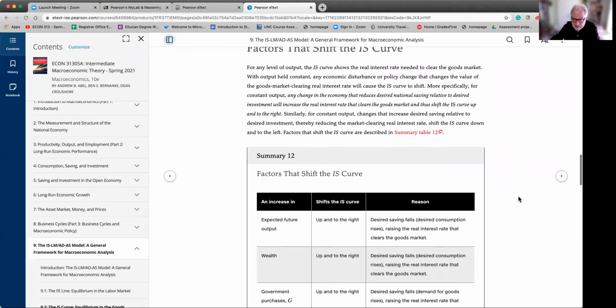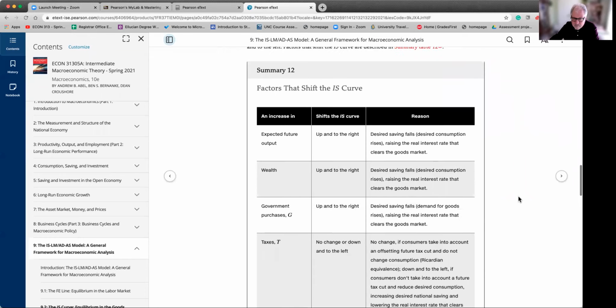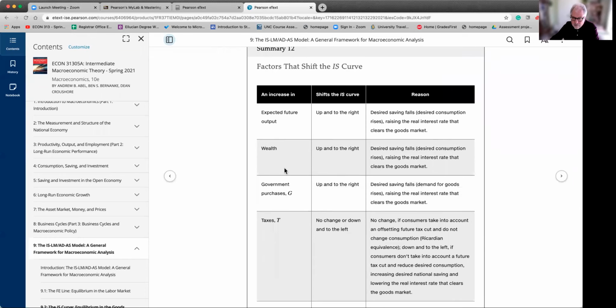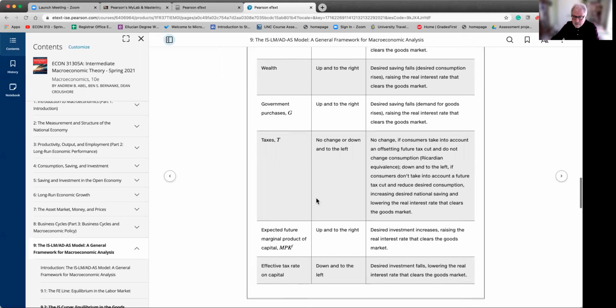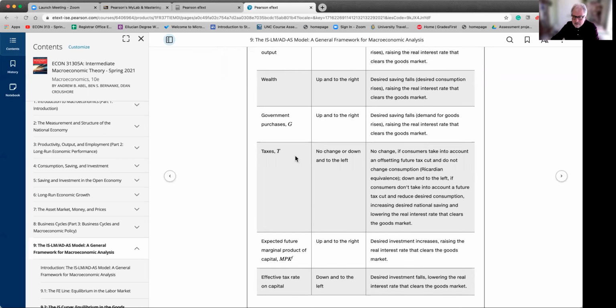Things that shift the IS curve have to do with either desired saving or desired investment. Wealth, government purchases, and taxes have to do with desired saving in the economy. The last two here have to do with desired investment.